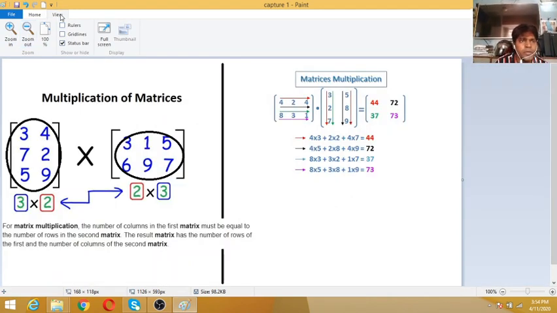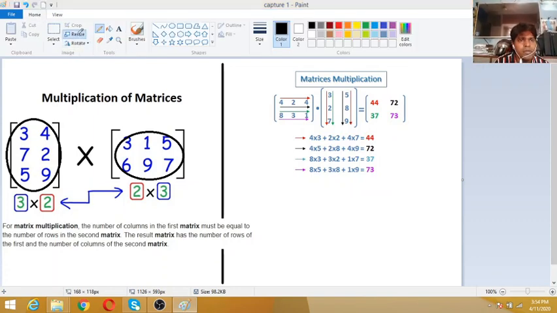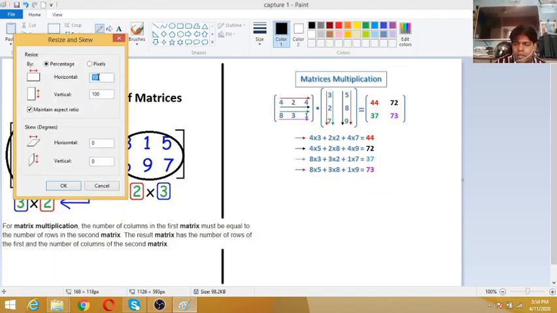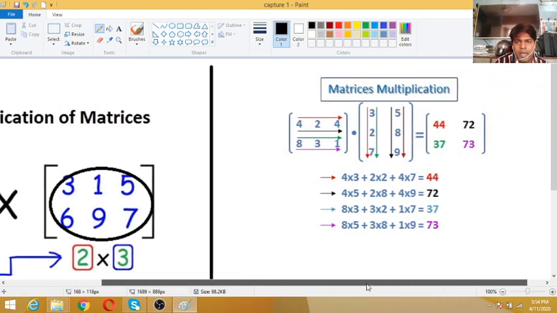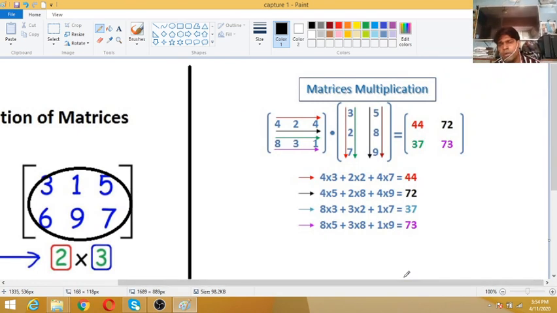Now let us see an example of multiplication which is there on the other side of the screen. Let us understand it very nicely, because if you understand the detailed part of the concept, then things become clearer. I have zoomed it for you so you can understand better.